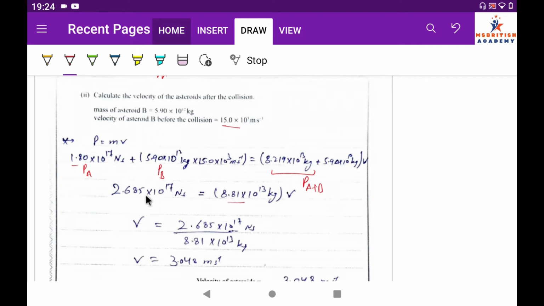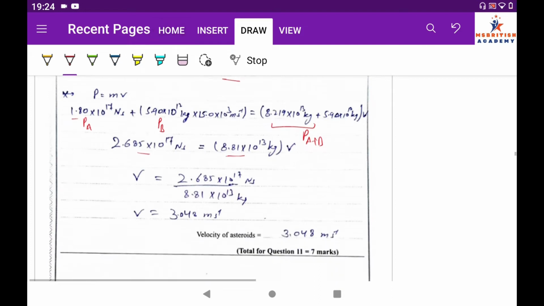After dividing these two numbers, we will get the combined velocity of the asteroids after collision: 3.048 meters per second. So you can write the velocity of the asteroids as this.